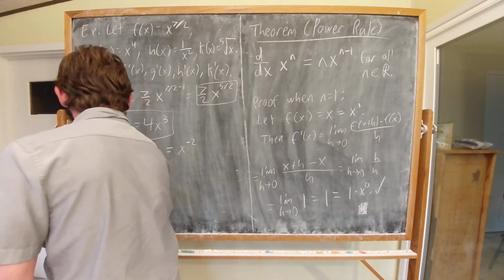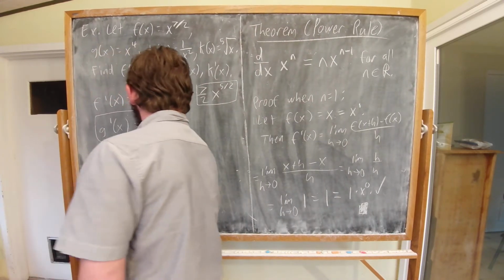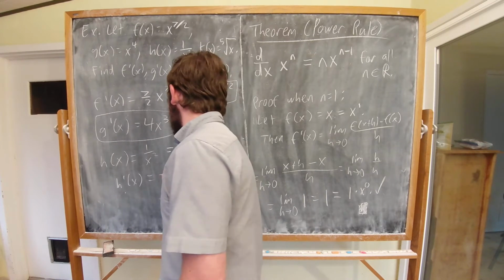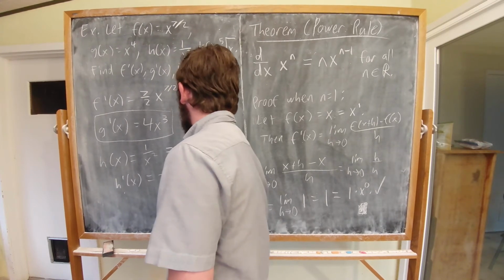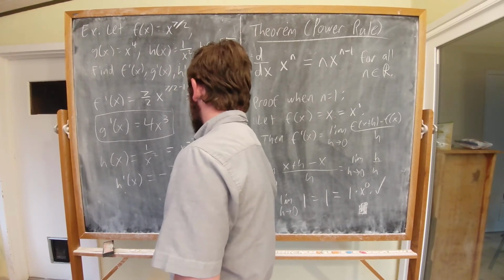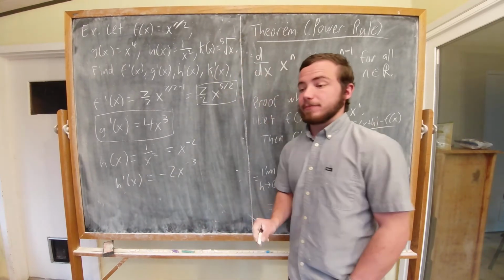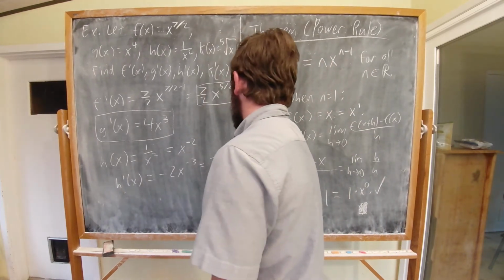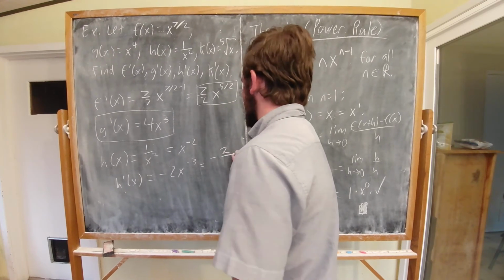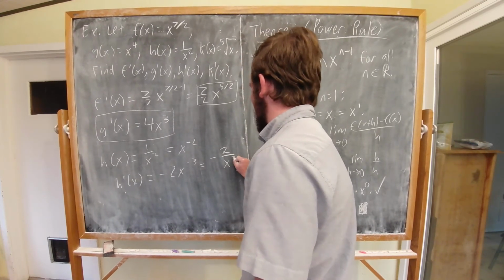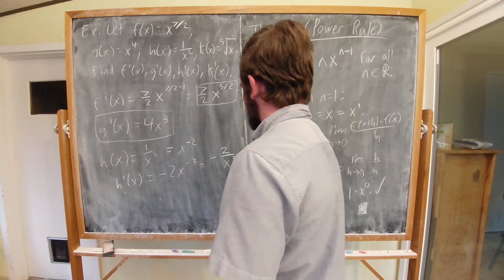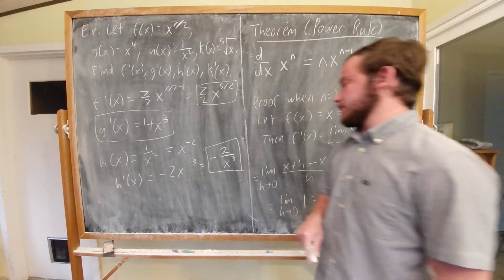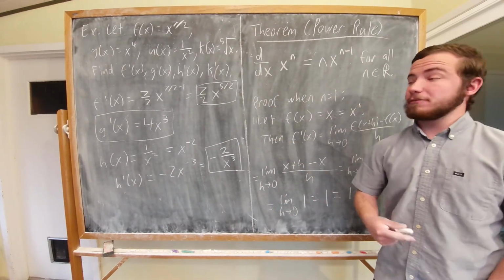So, h prime of x is going to be, pull in front, negative 2 times x to the negative 3. And that's a valid way to write our answer. We could also write it as negative 2 divided by x cubed. Again, using our exponent rules. And that's what I'll choose to write it as. That's h prime of x right there.